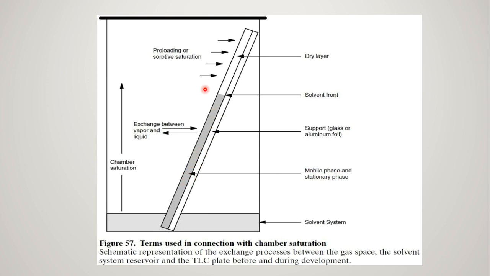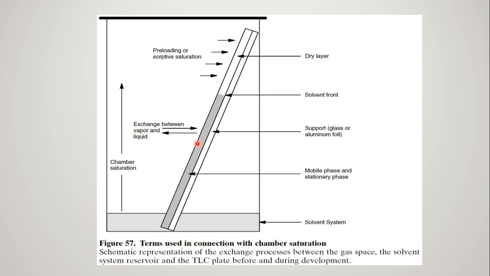So what we are seeing here, if this complete chamber is saturated with these solvent vapors, then there will be an equilibrium between the running mobile phase in liquid state and these solvent vapors in the gas phase.